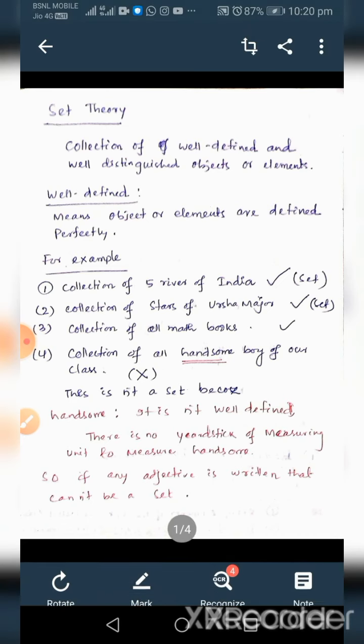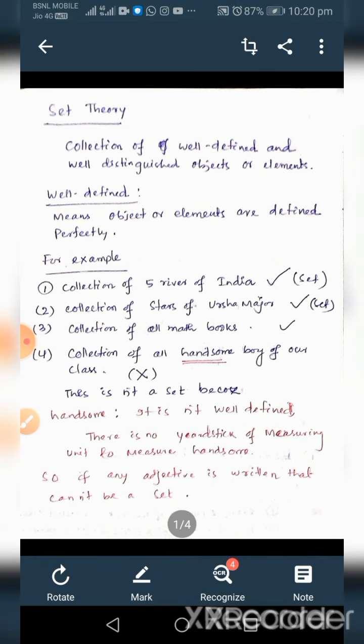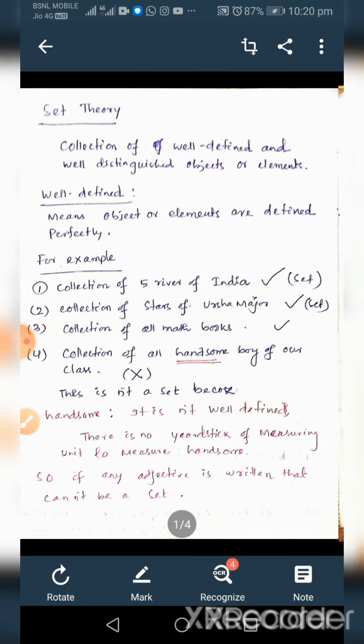Next we will go to the notations. How can we note it?